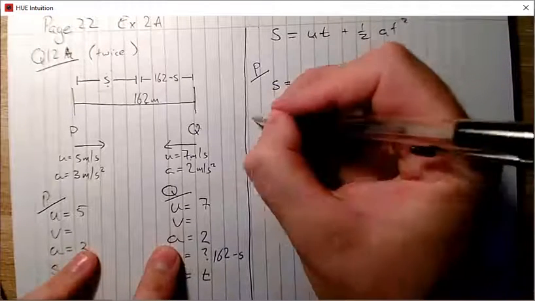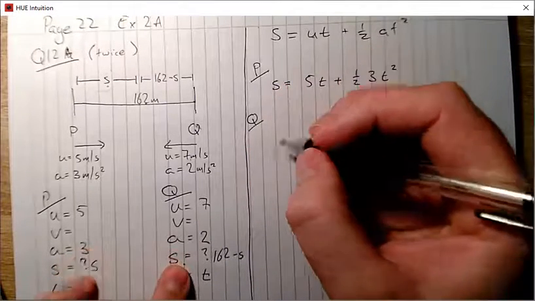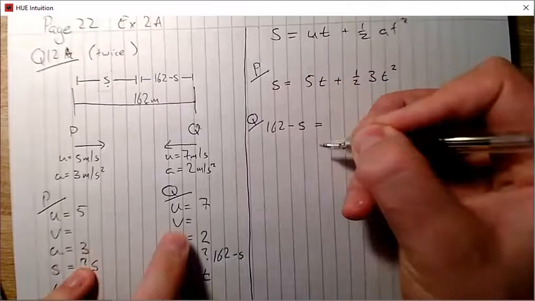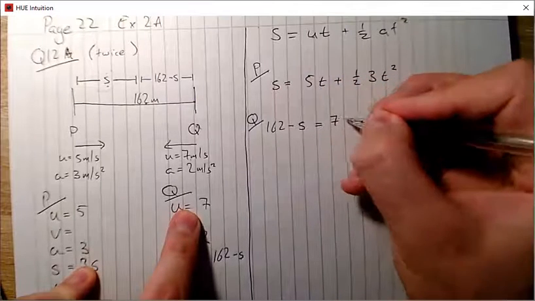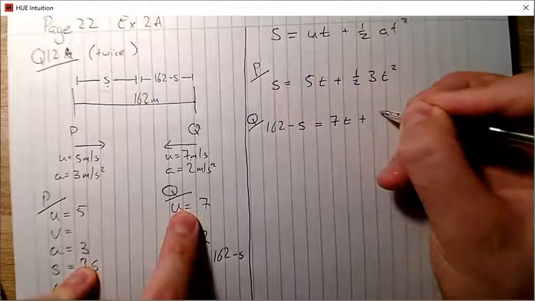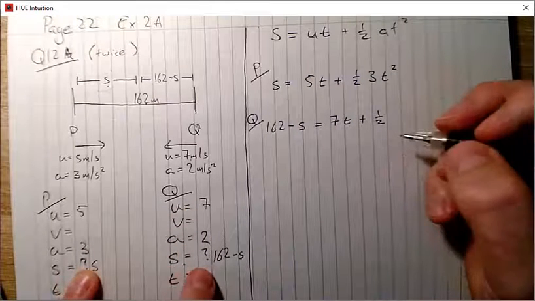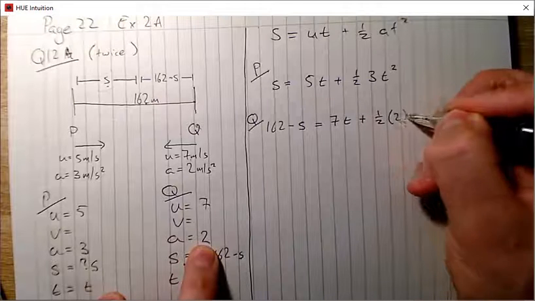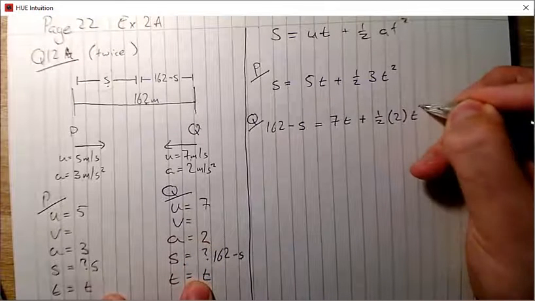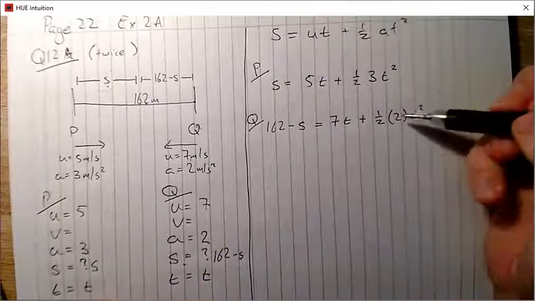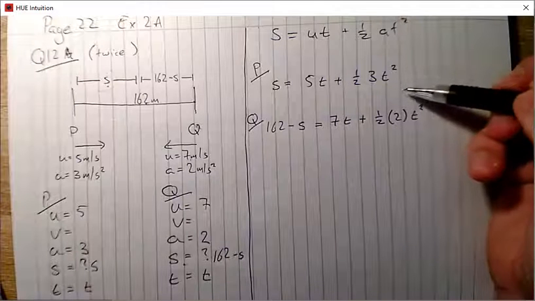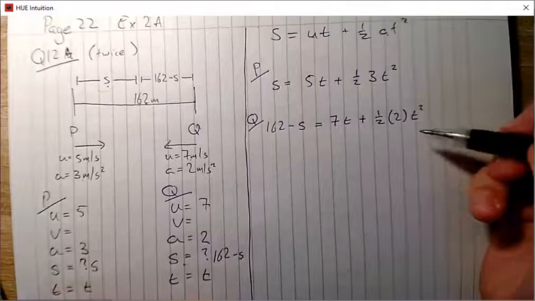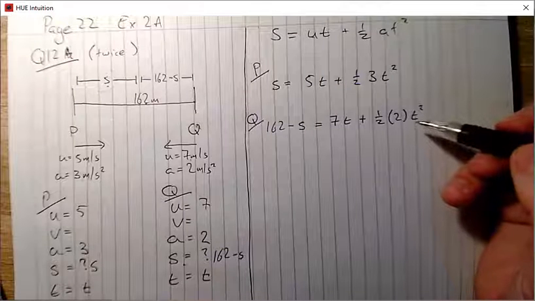Whereas for Q, we're going to get that 162 minus whatever that S is is the same as 7t plus a half of twice the acceleration, t squared. So what we have now is two simultaneous equations in two unknowns. We can solve this for t, and we're going to get ourselves a quadratic in doing it.